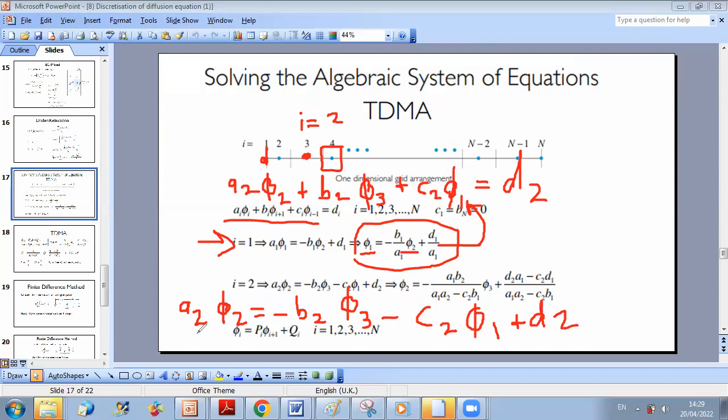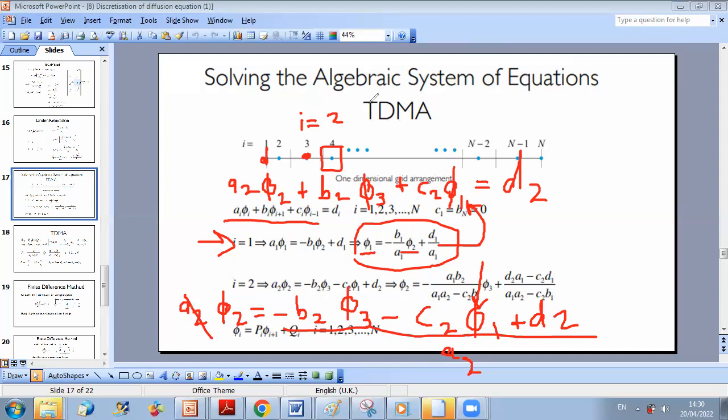And if I want to get phi 2, I will divide all terms by A2. And now I will replace phi 1 in this expression by minus B1 over A1 phi 2 plus D1 over A1. So I will get the following.